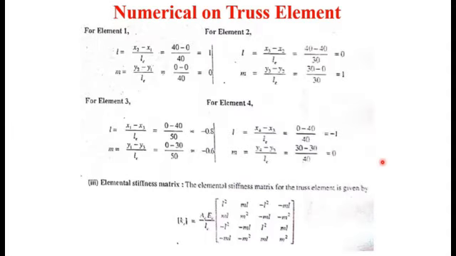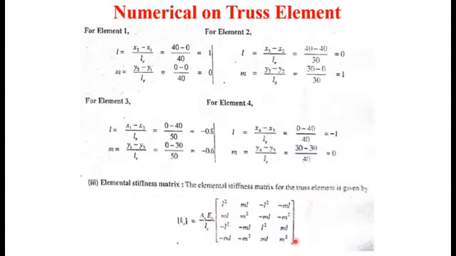After calculating these direction cosine values, the next step is the elemental stiffness matrix. In this elemental stiffness matrix for the truss element, this equation is given: Ke is equal to Ae Ee divided by Le into the bracket matrix L square, LM, minus L square, minus LM; LM, M square, minus LM, minus M square; minus L square, minus LM, L square, LM; minus LM, minus M square, LM, M square.